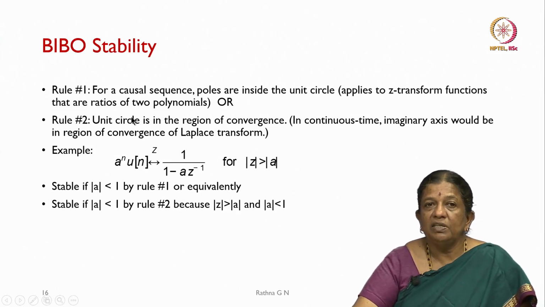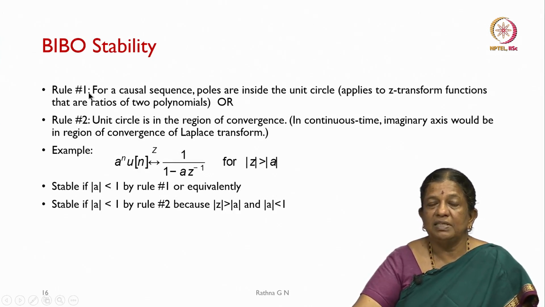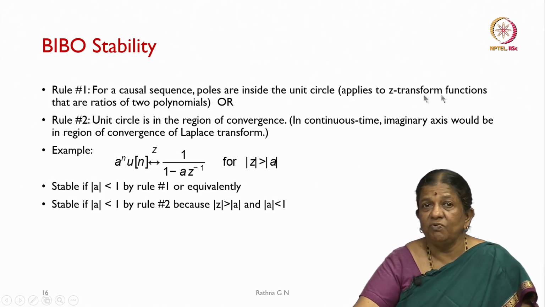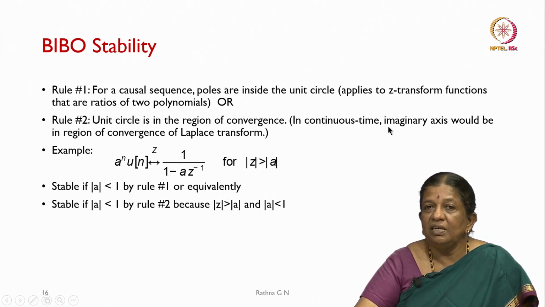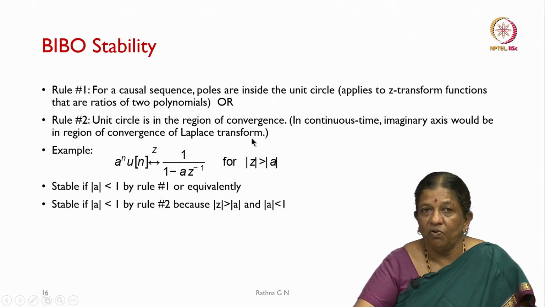So, continuing with the thing. Rule 1 is, for a causal sequence, poles are inside the unit circle, which applies to Z transform functions that are ratios of 2 polynomials. Rule 2 is that the unit circle is in the region of convergence. In continuous time, the imaginary axis would be in the region of convergence of the Laplace transform, what we claim.